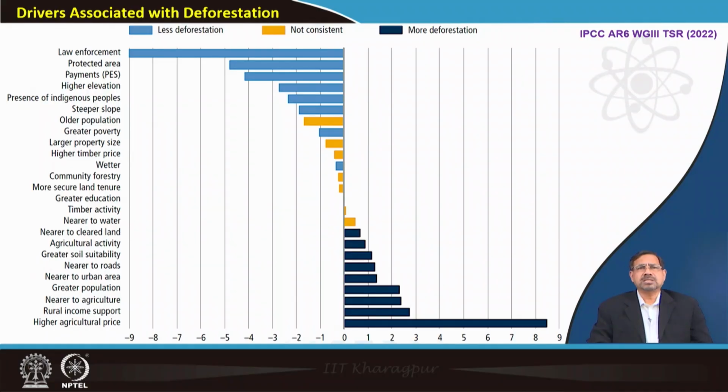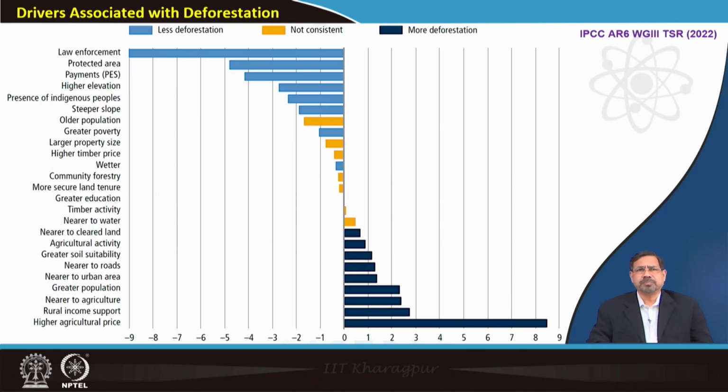So, now let us understand the drivers. There are a lot of drivers. You can see on the left hand side where there is less deforestation, not consistent, and more deforestation, the various drivers associated with deforestation. So, if law enforcement is good, then there is less deforestation, very highly efficient.